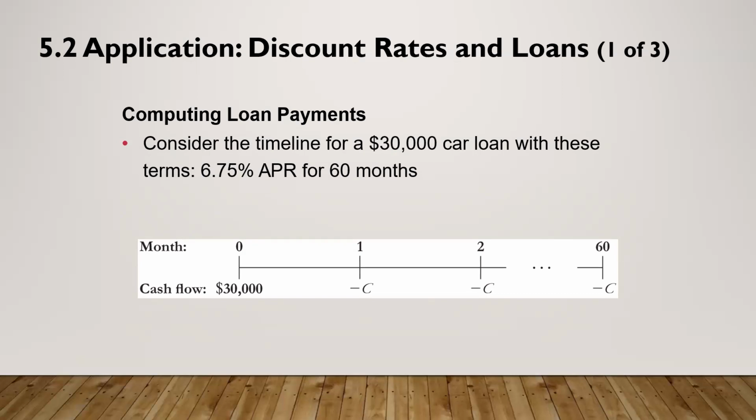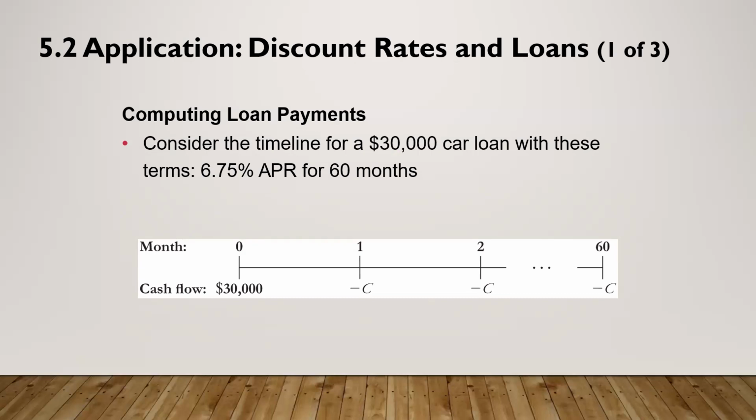For instance, a typical new car is quoted at a 6.75% APR for 60 months. You're purchasing a new car, and the APR is 6.75%.